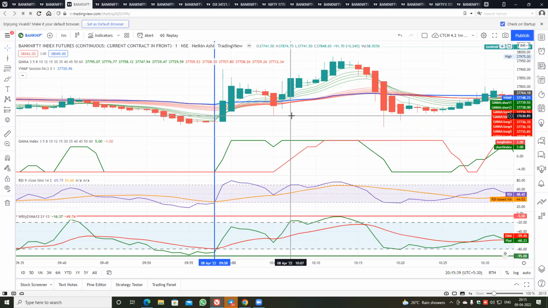So when the degree of the slope is going more vertical, towards 45 degrees, 45 degrees is the perfect one, because if it's going to 80 degrees, we can't manage. By the time you enter the trade, the candle would have gone 100 points above. You will miss. What we need is a 45 degree slope, and if you look at this, it will be more or less 45 degrees, and the width is expanding.